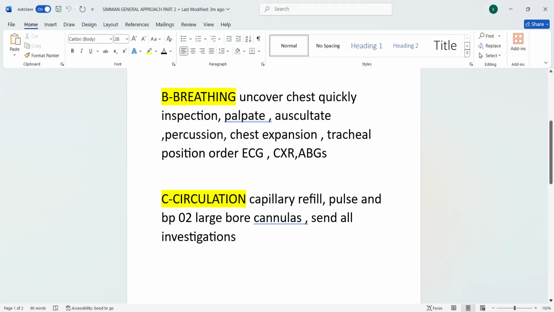Okay, after this, your task is, there are a few tasks. You have to insert IV cannulas and send all investigations. Okay, for example, if his blood pressure is normal, then you will have to insert just one large bore cannula. If his blood pressure is below 100 systolic, then you will have to insert 2 large bore cannulas.